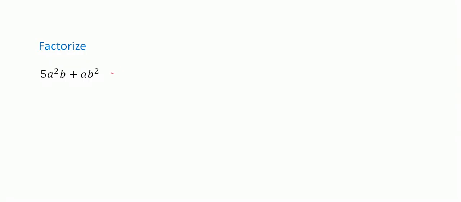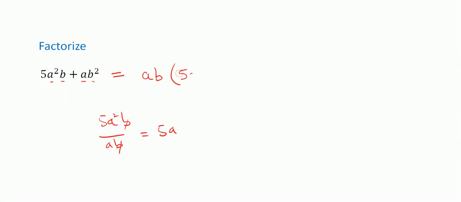Let's say we have to factorize this now. We have an a term here and an a term here. So this is a squared, and we have a. So the HCF here would be a, and we have a b term and a b squared term. So all we can take out is ab. Again, to figure out what goes in the brackets, we're going to take 5a squared b over ab. The b's will cancel, and a will go into a squared a times, so this will give me 5a.